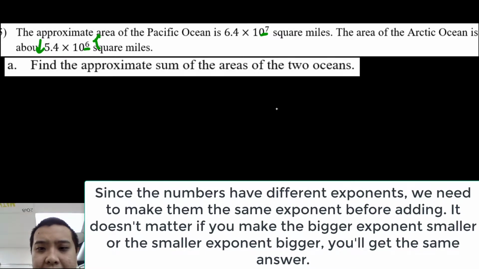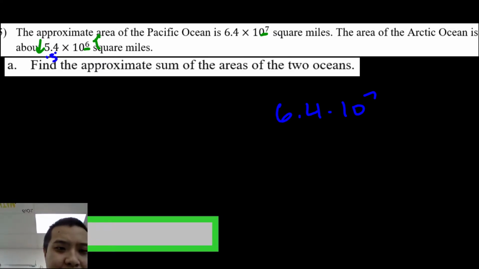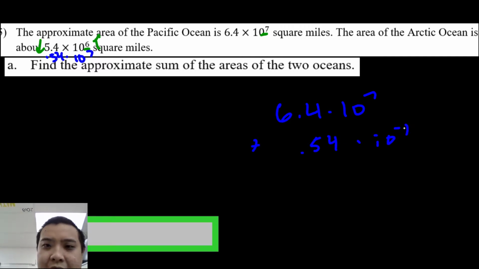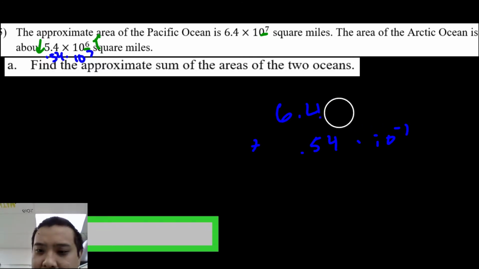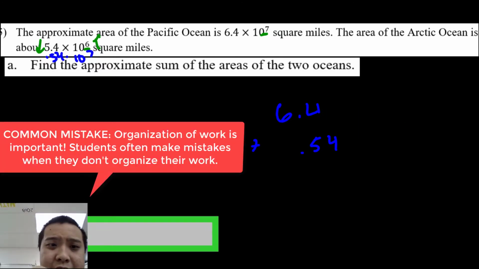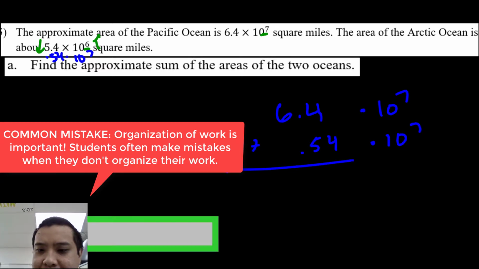So we get 6.4 times 10 to the 7th. This new number becomes 0.54 times 10 to the 7th. So plus 0.54 times 10 to the 7th. Let's make this so that these exponents line up so that we don't get confused. 6.4 times 10 to the 7th, 0.54 times 10 to the 7th.